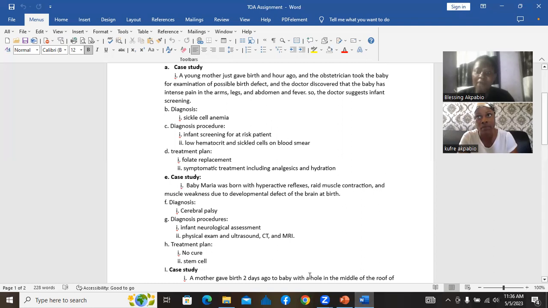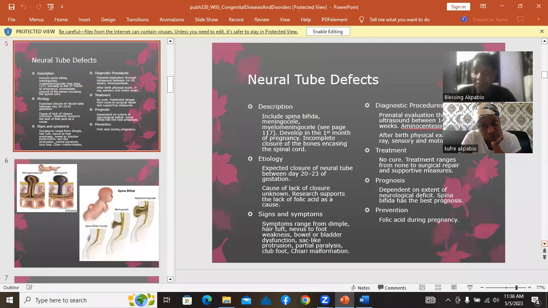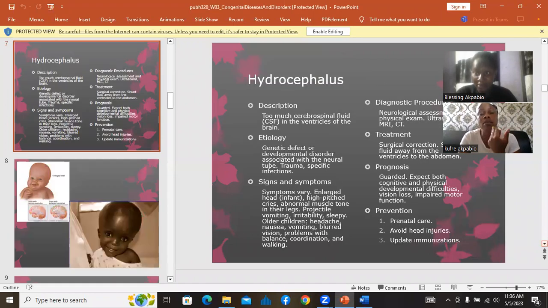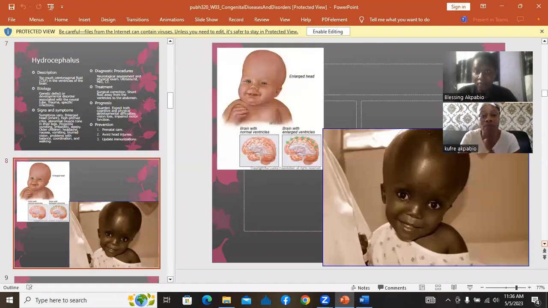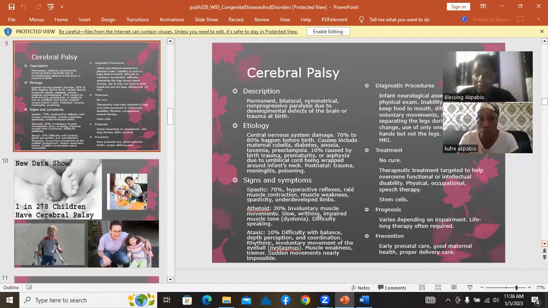Then they're not active even in school. They can't walk properly. Some of them, part of their body just comes down and drops. Their muscle is weak. They can't stand. Majority of them are on wheelchairs.